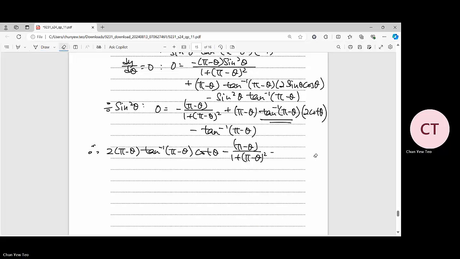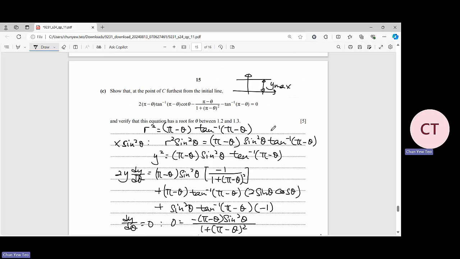Shown. Finally. But this one is very tiring. Okay, so this one shown already.